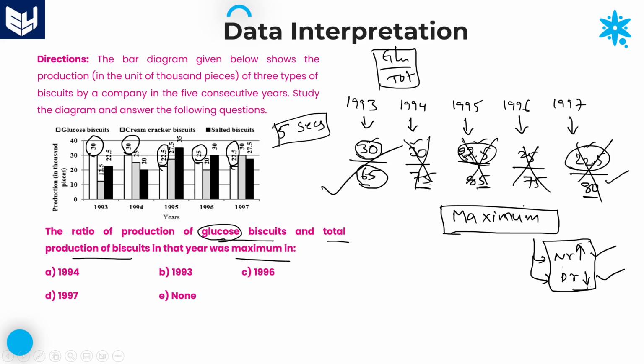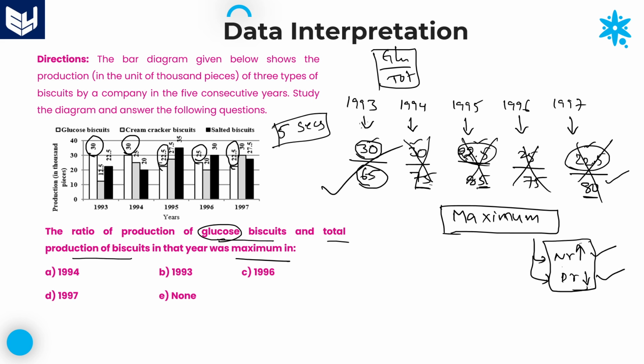Why? Because suppose one condition applies, numerator is maximum for one option, and denominator is minimum for another option, then you need to verify those two values. But in this case, both conditions apply to only one option, that is 1993.